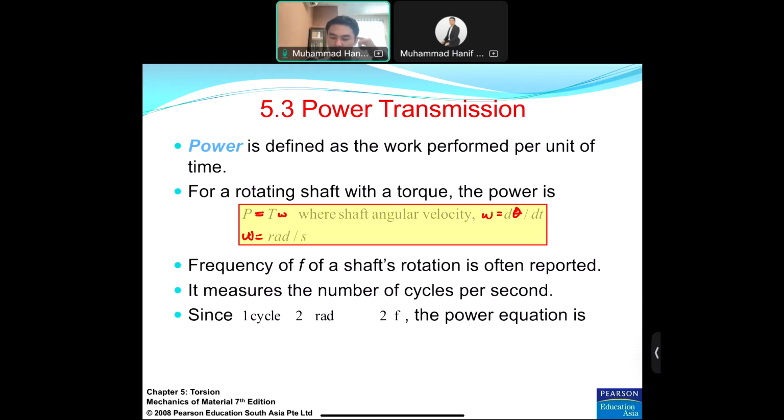Once we have this, the power equation can be written as P equal to 2 pi f T. We just substitute omega into the formula, so you get P equal to 2 pi f T. In the end, we just apply this formula in our cases.